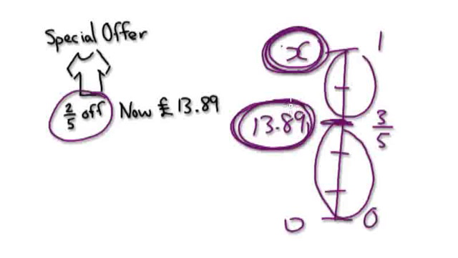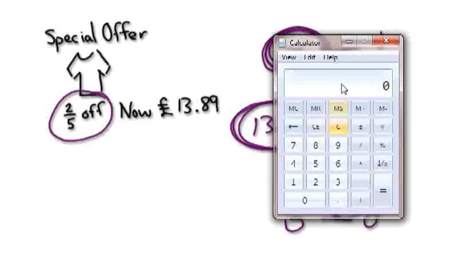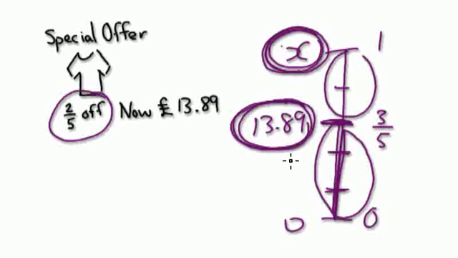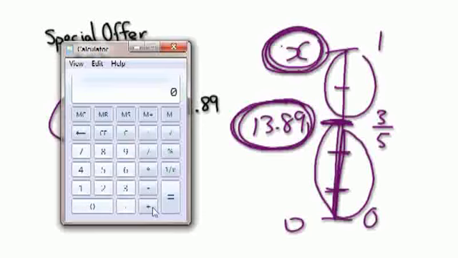So given this situation here, you somehow have to get to x. Okay, but you've been given this here. What you can do is look at this. After drawing this diagram, you can actually split this length here into 3 equal parts. So with a calculator, remember you've got this 13.89 level here.